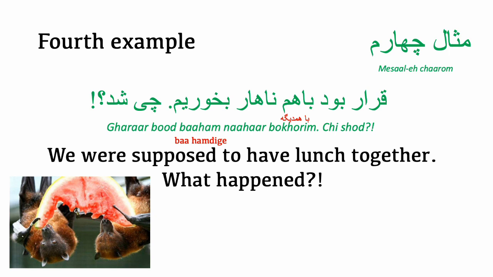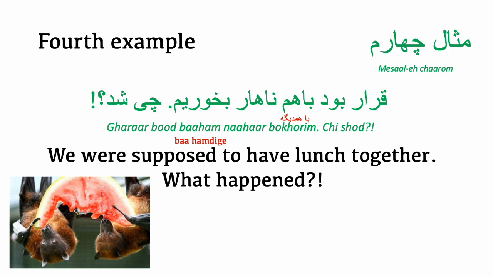Nahar means lunch. بخوریم is the first person plural form of the verb خوردن in the subjunctive tense. خوردن can mean either to eat or to drink. قرار بود با هم ناهار بخوریم.